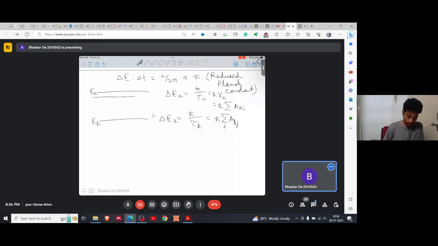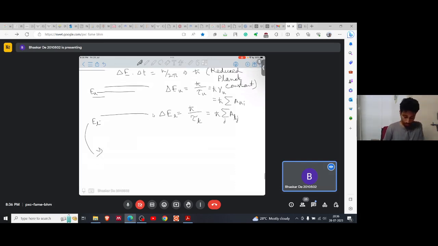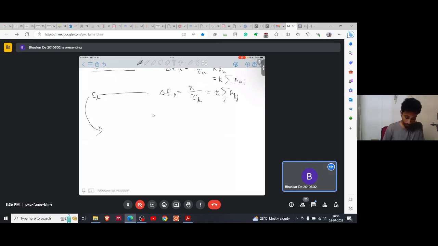Now if we go from this picture to a realistic picture, it will be like this. This is the upper level, this is the lower level.